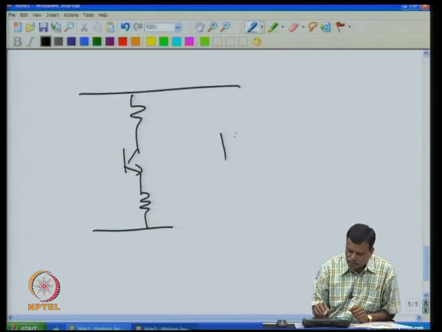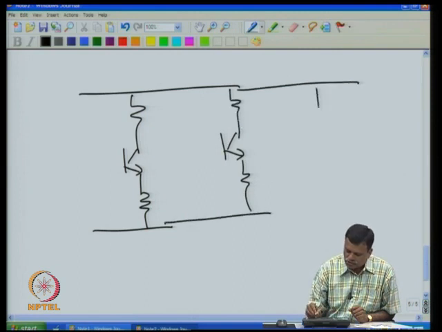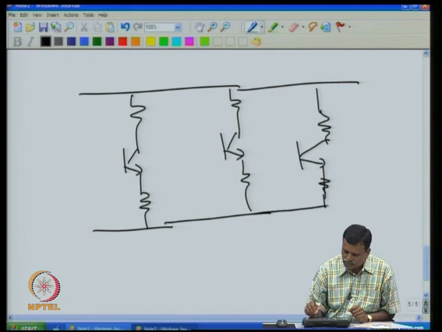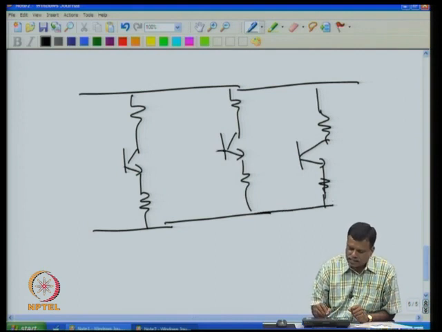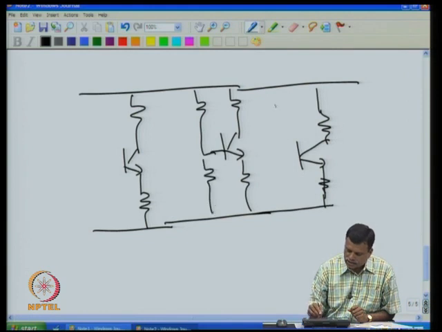You have one, then the second one, then he put one more.